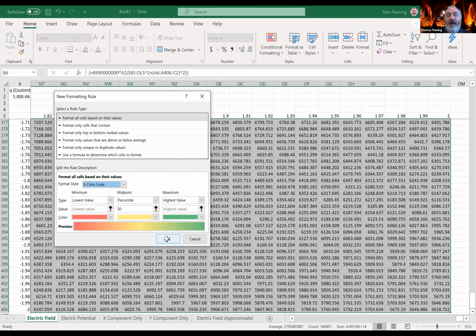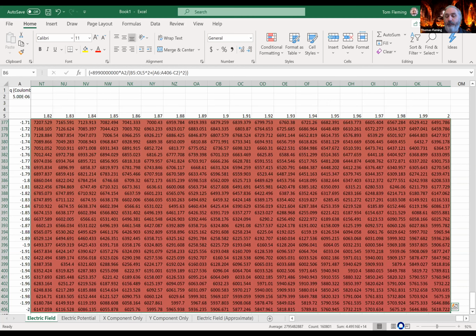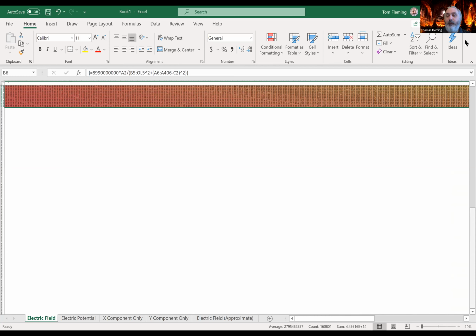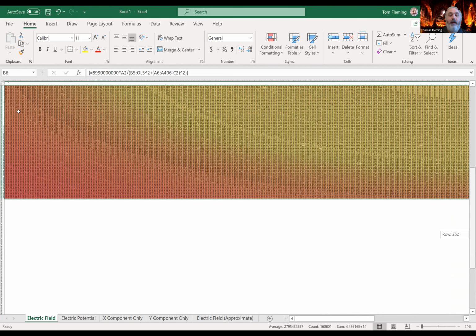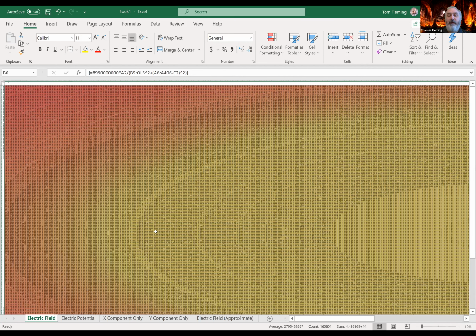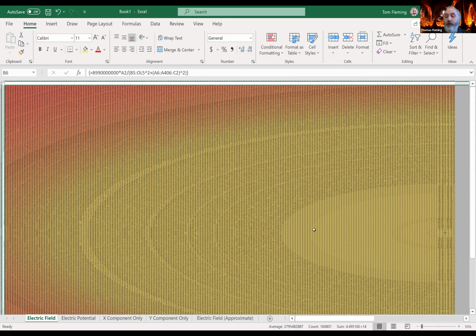Now, if I click that and zoom out, all the numbers far away from the center are red, there's a whole bunch near the median, and if you zoom in super close, there's a little tiny speck of green in the middle.